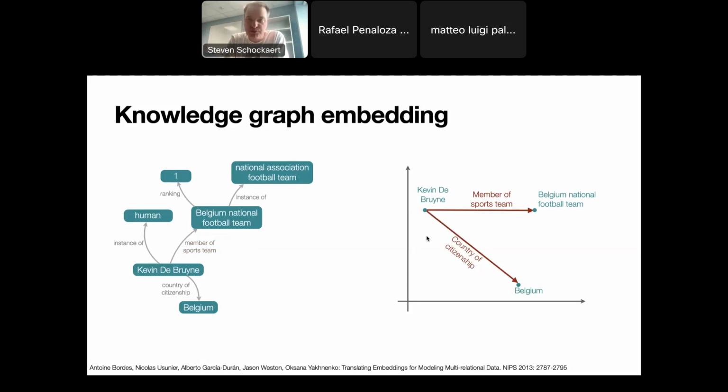In this toy example, we may imagine that the relation country for sport is also represented by translation, and because the two triples we represented before are satisfied, automatically in this space the triple that the Belgian national football team has the relation country for sport with Belgium is also satisfied, even though it wasn't in the original knowledge graph.